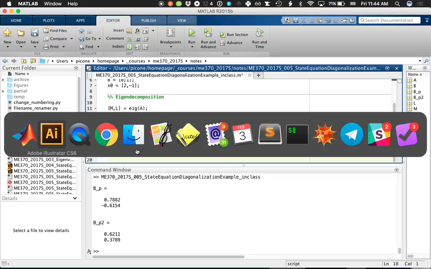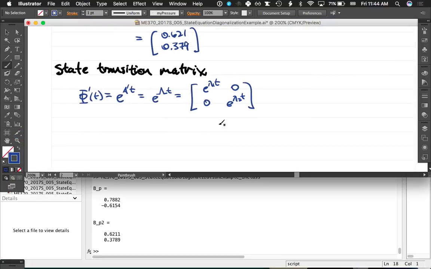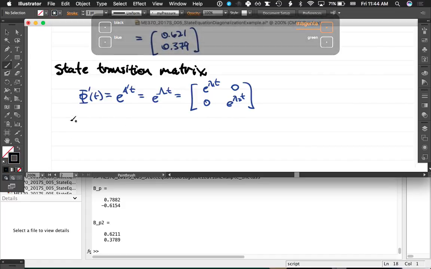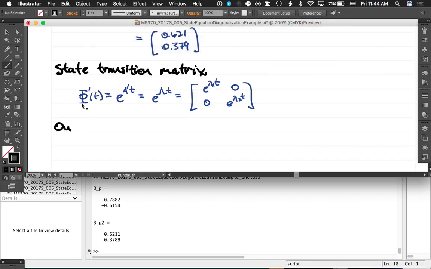So easy enough. And now we want to compute the output, right? Or I guess the state. So the state homogeneous solution.